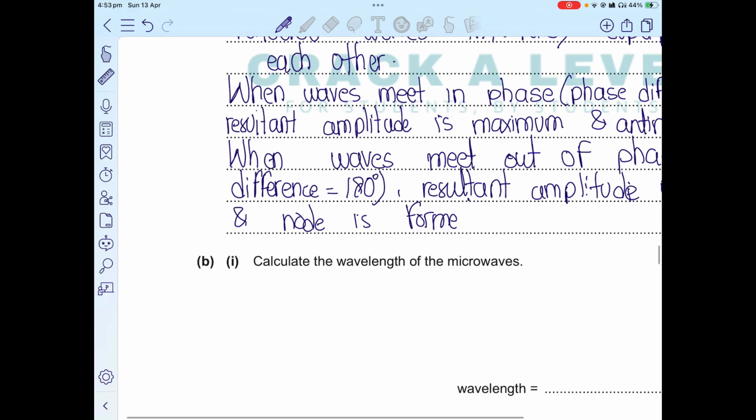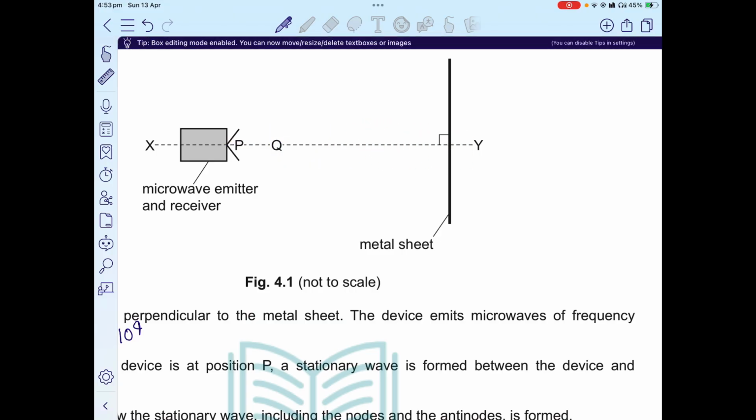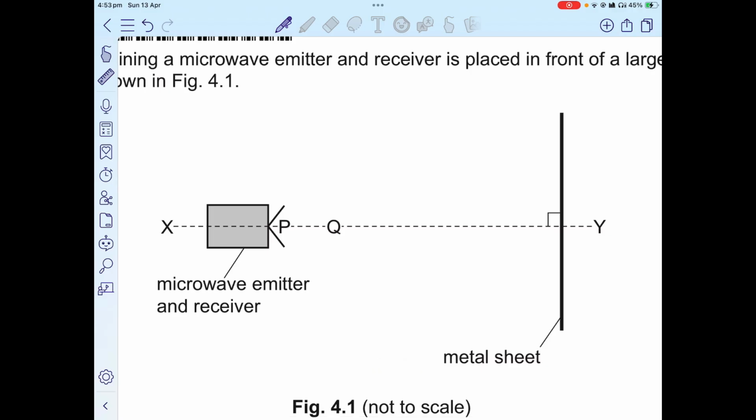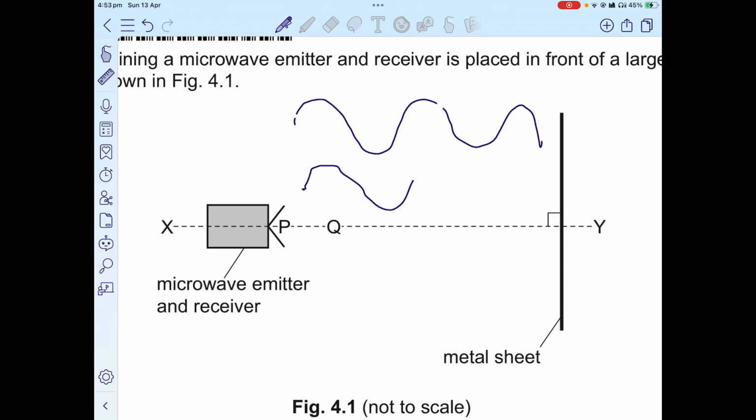Now again, I'm going to explain this using a diagram if you're not clear. There is a wave which goes from here, and another wave which comes back. The superposition of both of these waves causes a stationary wave to be formed. Where the crest meets the crest and the trough meets the trough, this is constructive interference.